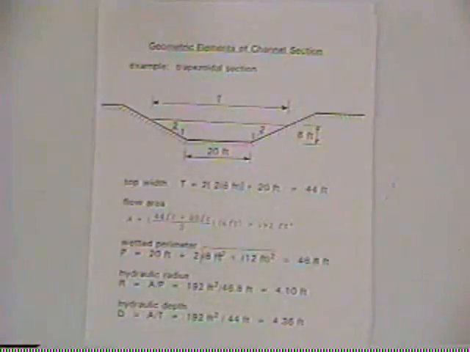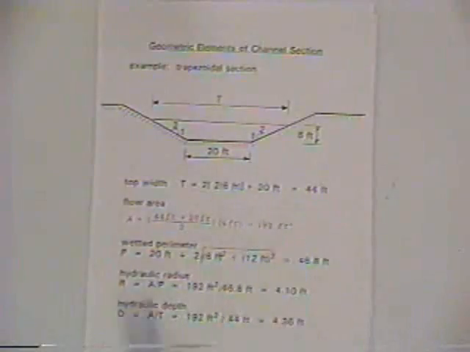Now, a lot of using Manning's equation is just a matter of geometry. And you have some problems in your manual that deal with the geometry of applying Manning's equation. Let's use this geometry as an example. You'd rather have a rectangle, but a trapezoid you can work with easily too.